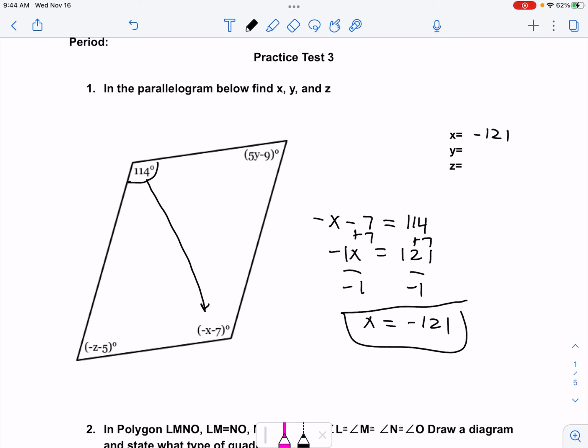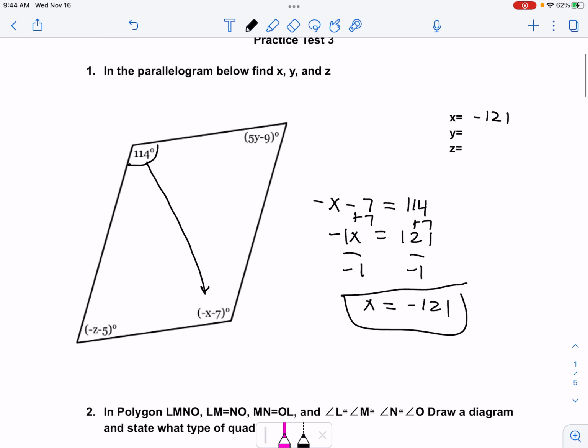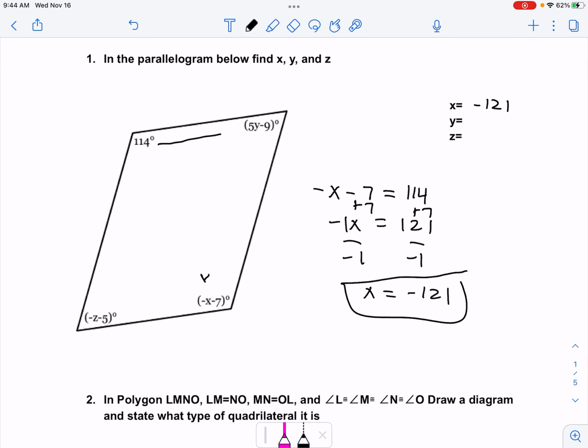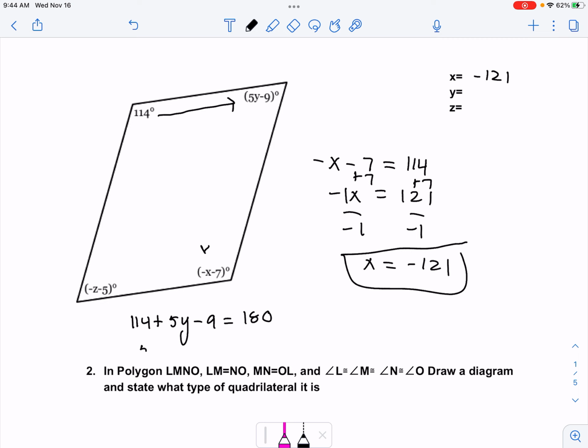Okay. So opposite angles are congruent. Consecutive angles, meaning angles that are right next to each other, are supplementary. So to get y, I know that these two angles have to be supplementary. In other words, 114 plus 5y minus 9 equals 180. 114 minus 9.